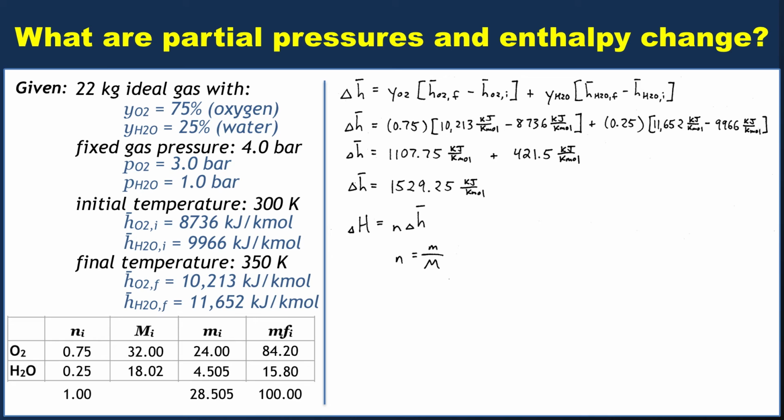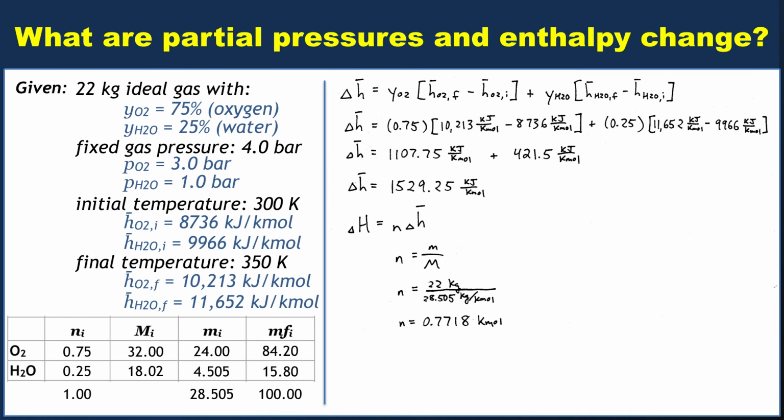We're given in the problem that we have 22 kilograms of ideal gas. Big M, I actually had to figure out on that table, but remember that's just the sum of all the little m's, so it's 28.505 kilograms per kilomole down there at the bottom. So we can plug that in and solve for n. It'll just be 22 divided by 28.505. That'll give us units of kilomoles, and sure enough we have a little less than 1 kilomole.